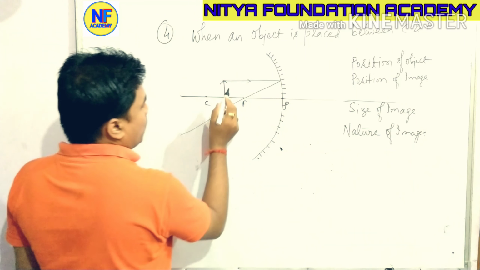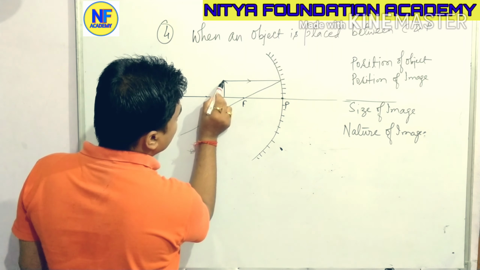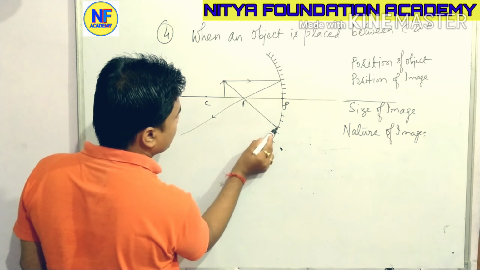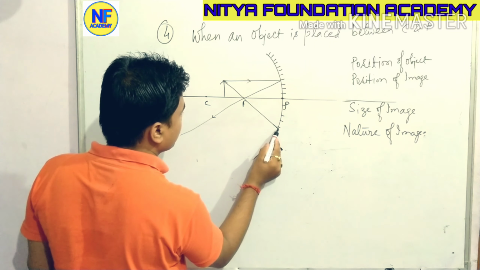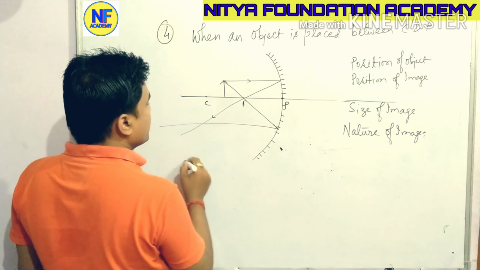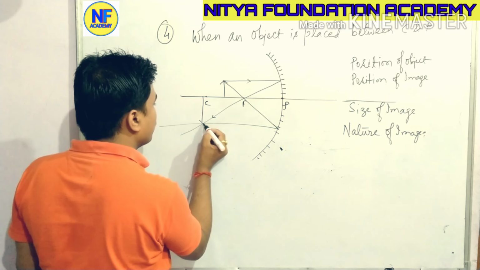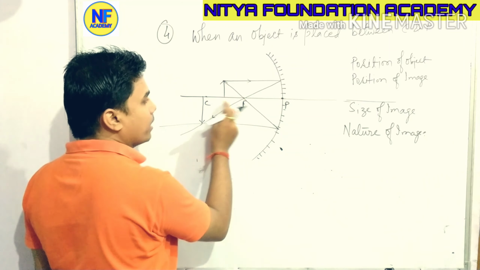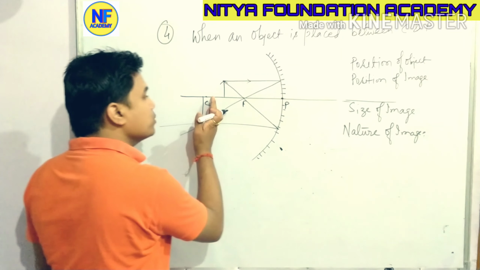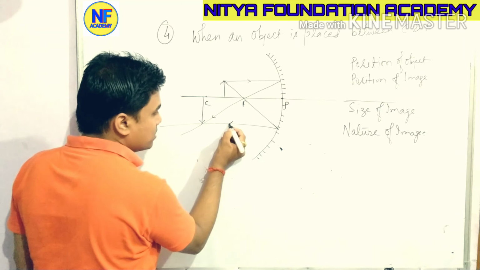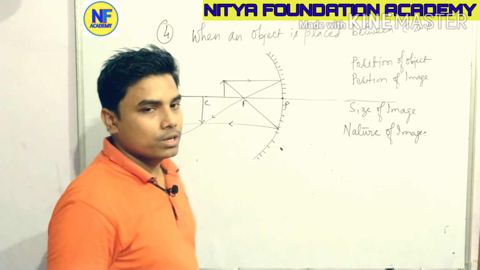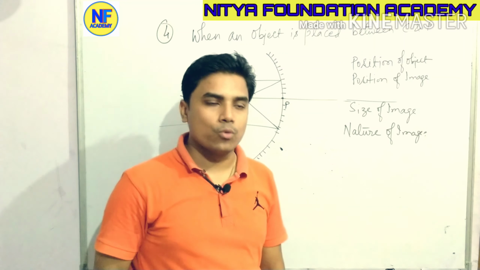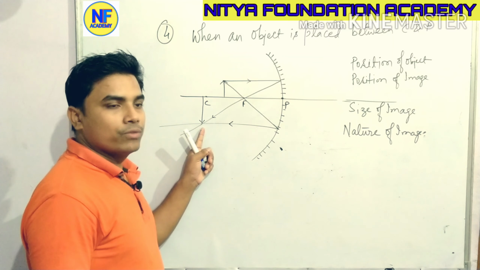Now when an incident ray moves through the focus, after reflection it is formed beyond C. So when an object is placed between C and F, the image that is formed is beyond C. This is a reflected ray, and I already said before, when two reflected rays meet or intersect at the same point, that point is where the image will be drawn.